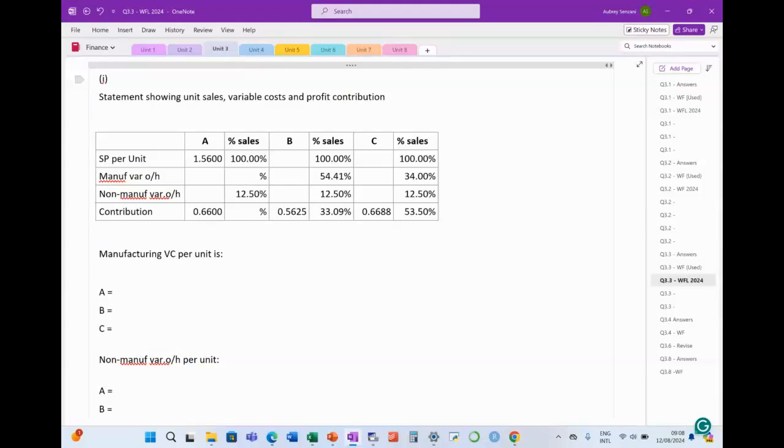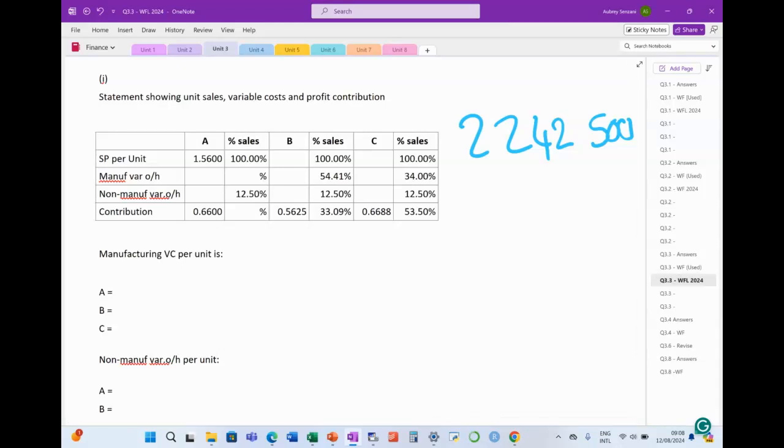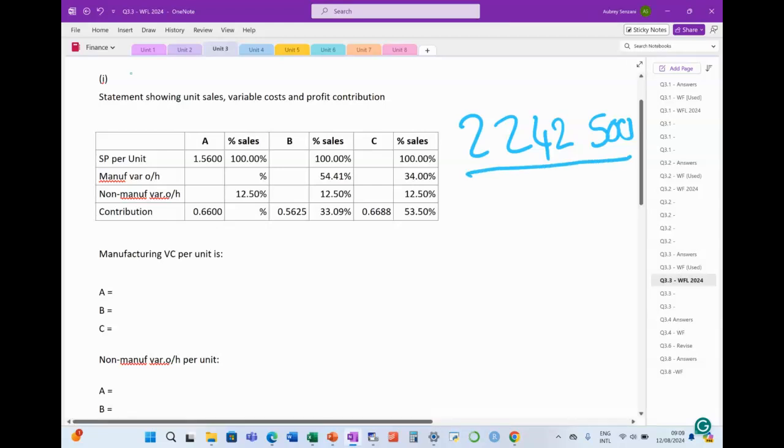I've done the first one for you, but how did we actually get it? What was our total sales for A? So that's total sales. And then to get the selling price per unit, what must we do? Yes, we divide by what?